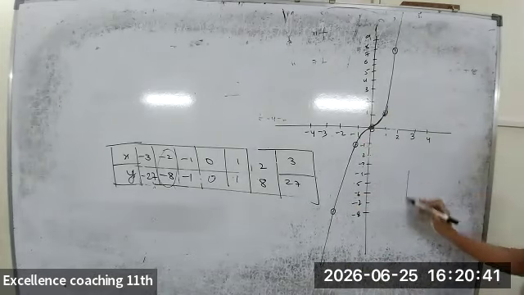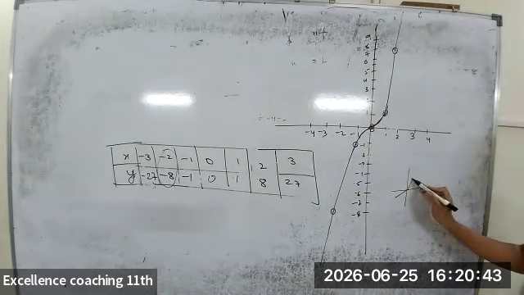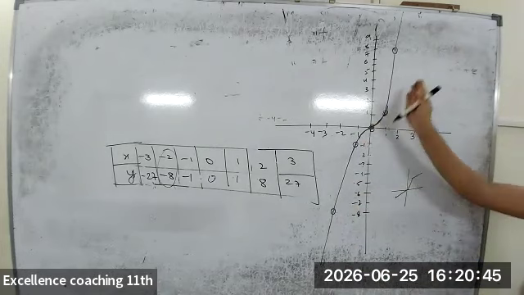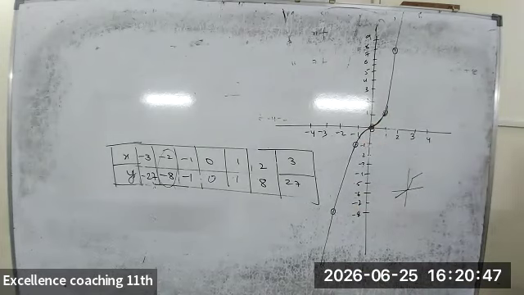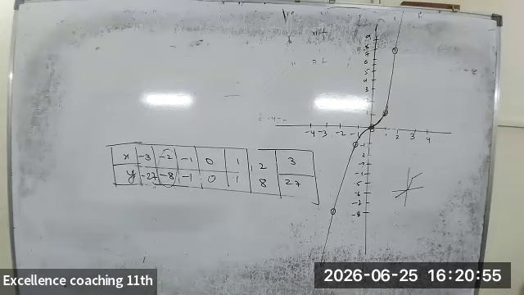Don't make it sharp like this. From -1 like this, a little bit curved it should be. You can check your textbook also, you'll have an idea how it looks like.